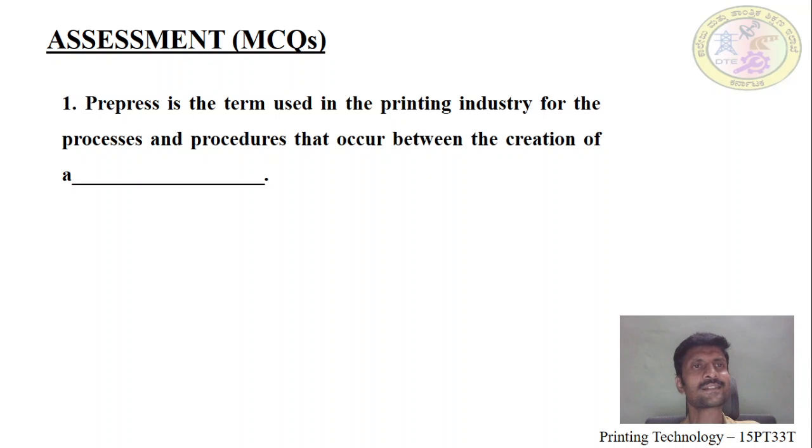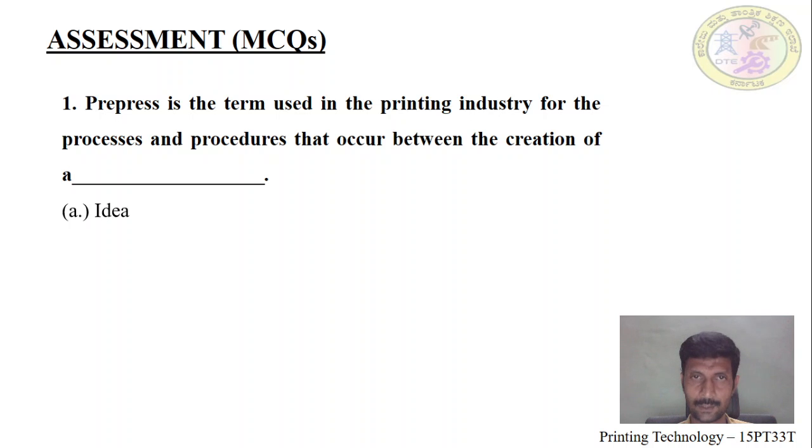Let us discuss some multiple choice questions so that you will understand a little bit more. Prepress is the term used in the printing industry for the process and procedure that occurs between the creation of a dash. I already told you, prepress starts from a layout and goes to the final output.